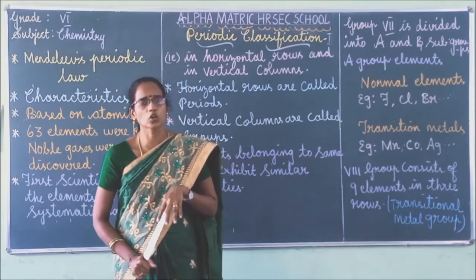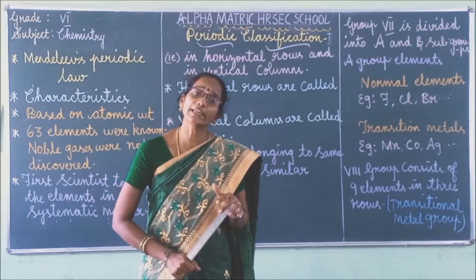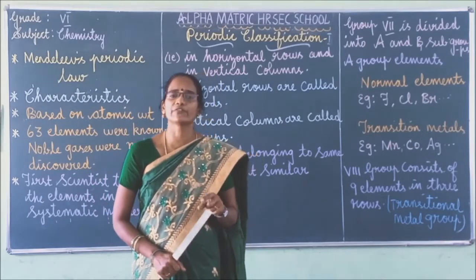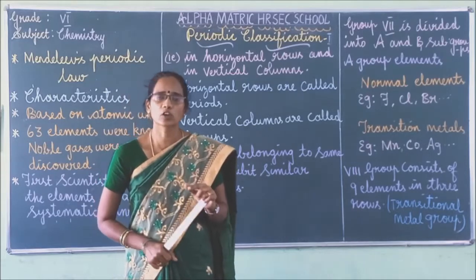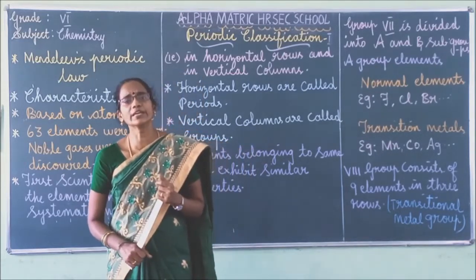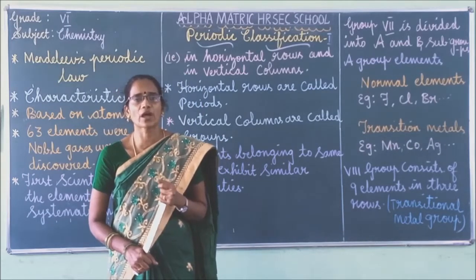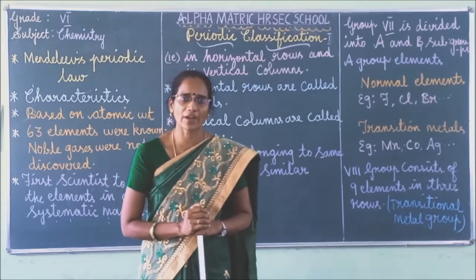Group 14 elements are called the carbon family. Why? Because carbon is present at the top, so carbon is the head of the family, right? Next, group 15 elements are called the nitrogen family, because nitrogen is the first element in that family.